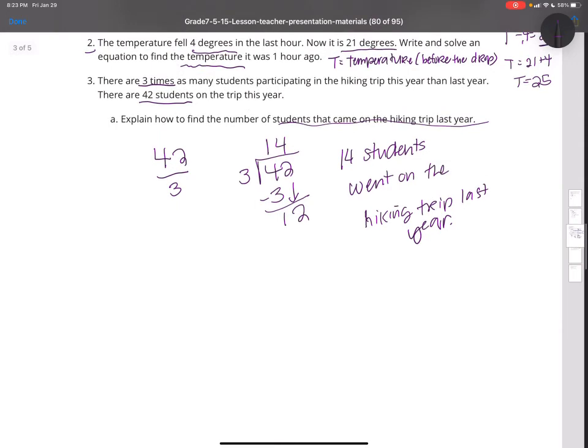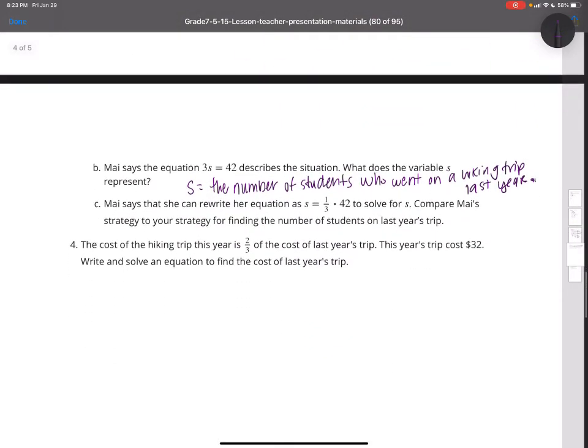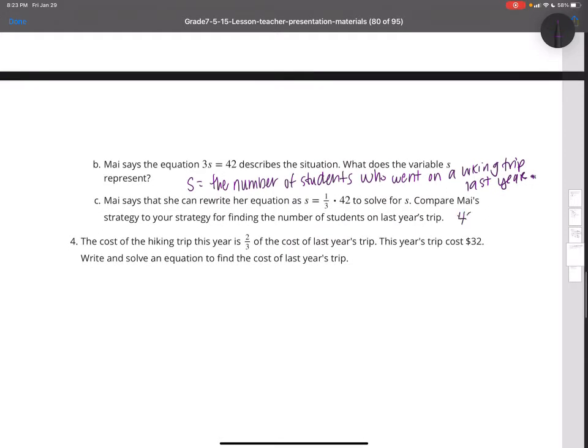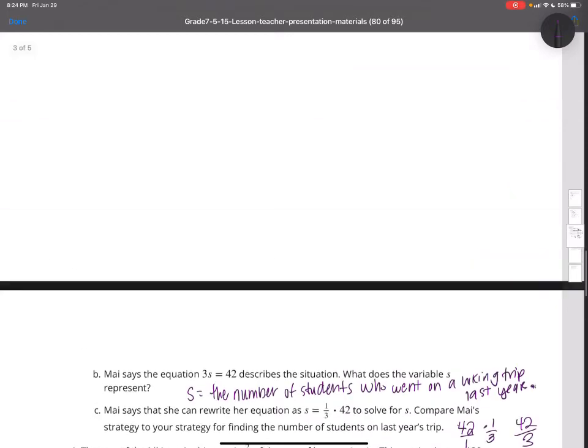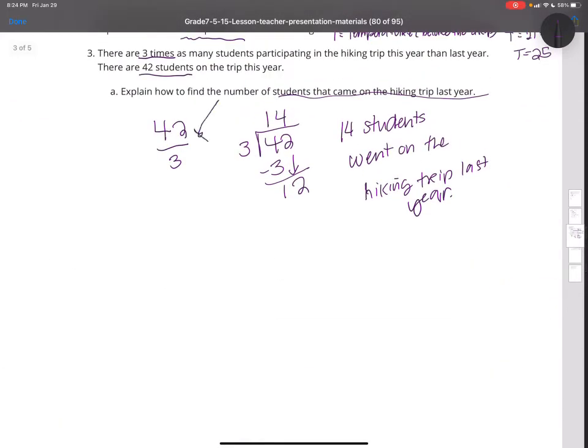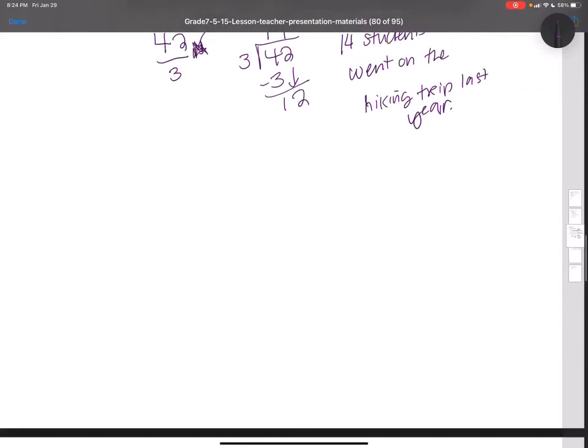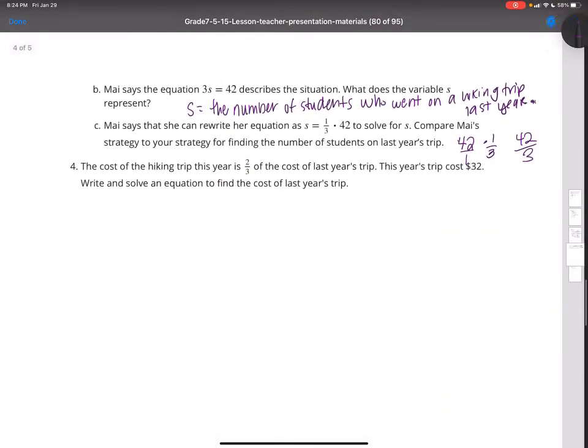I divided 42 by 3. Now, if we were to do May's strategy, it would be 42 times 1/3. If I put a 1 underneath that whole number, guess what that ends up looking like? 42 over 3, which looks like my strategy, the way we did before.